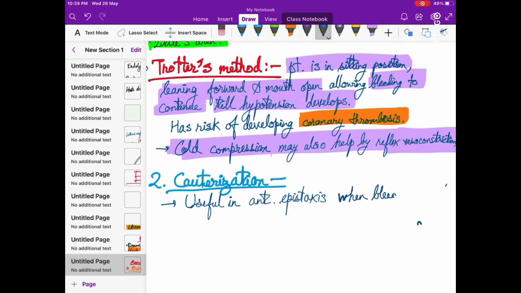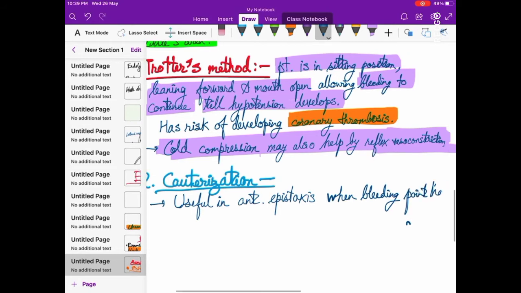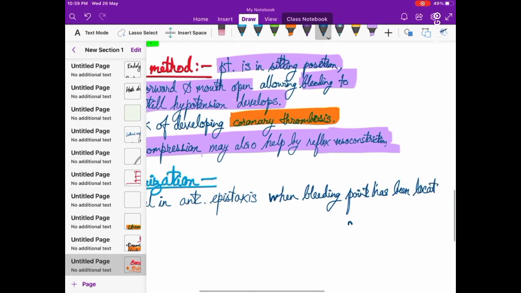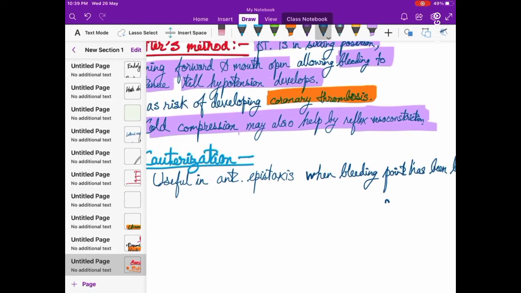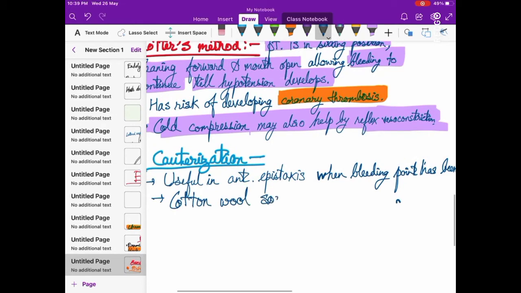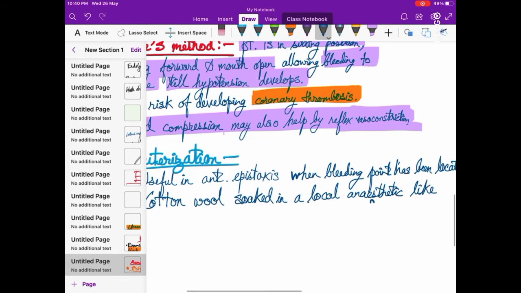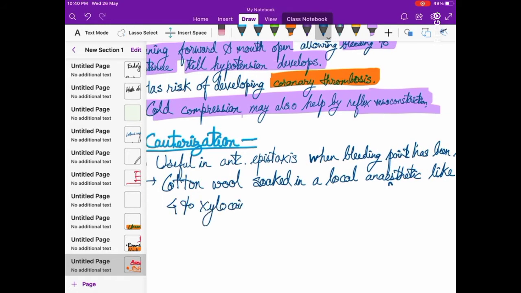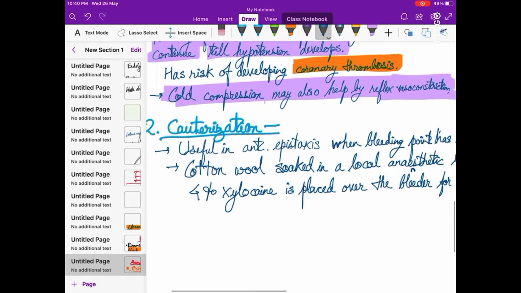Cauterization is useful in anterior epistaxis when the bleeder has been located. Cotton wool soaked in a local anesthetic like 4% xylocaine is placed over the bleeder for a few minutes.